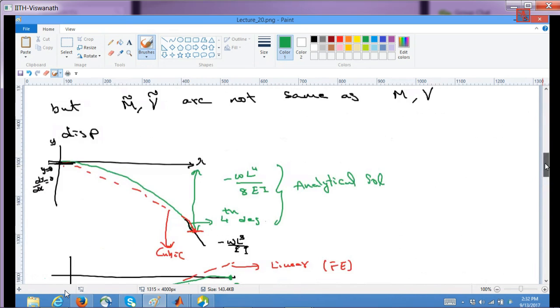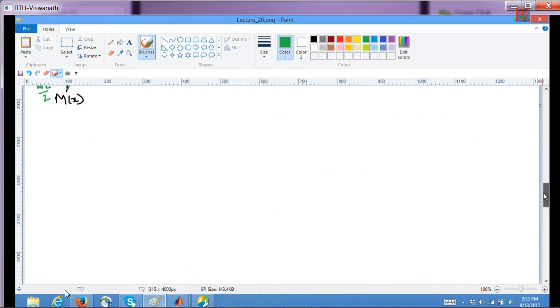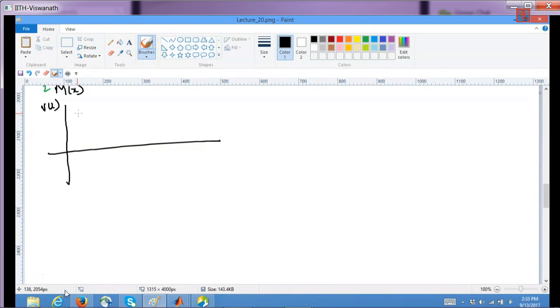And similarly, if I plot my shear force diagram, it's linear for the analytical solution. And this guy is W into L.